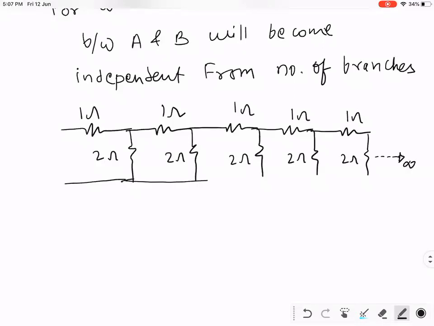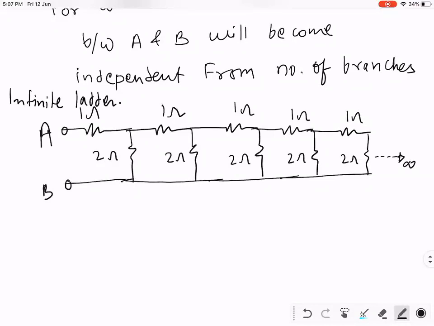This series will keep going till infinity. What is the resistance between A and B? This is known as an infinite ladder. 1 ohm.